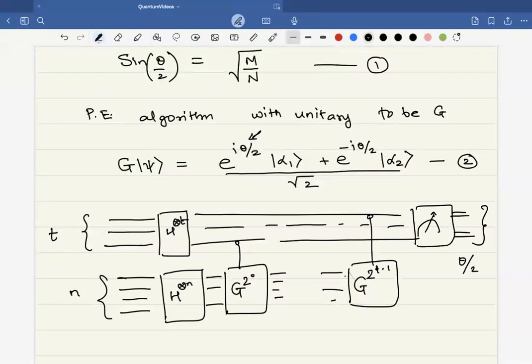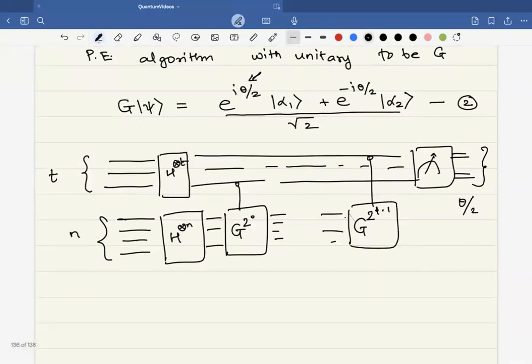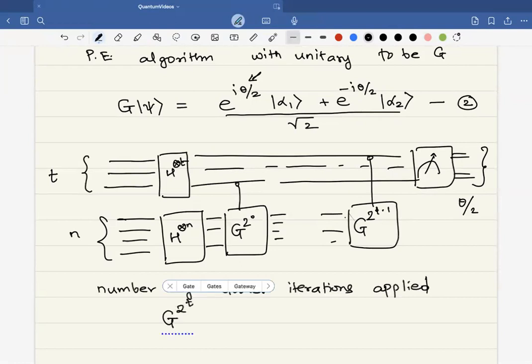So now there are two things. One is that the number of Grover iterations applied are just G to the 2 to the t, right?